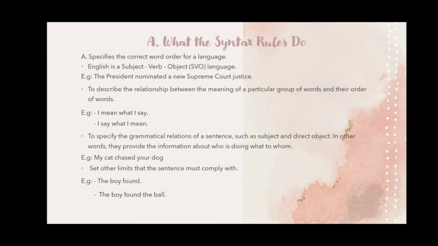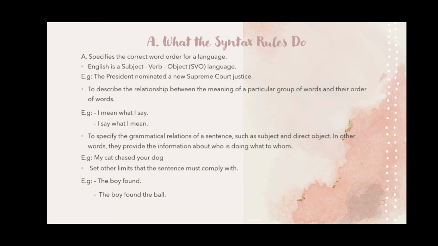For the first point is what the syntax rules do. First, specifies the correct word order for a language. As we know that English is a subject, verb, and object language or SVO language. Jadi, untuk membuat urutan kata yang benar dalam pembuatan kalimat harus dimulai dari S, V, and O agar sesuai dengan tata bahasa atau gramatikalnya.